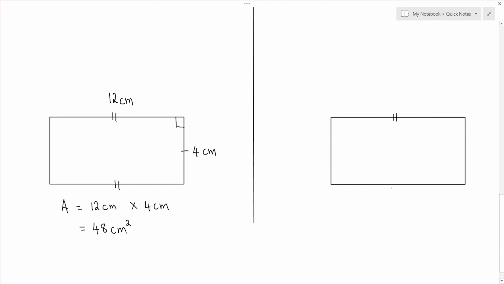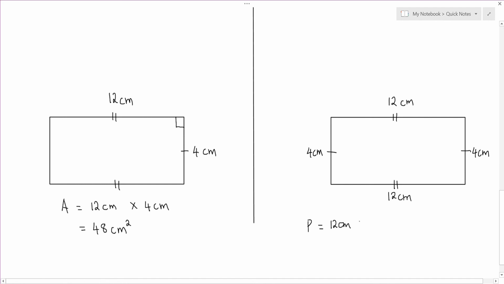Now we're going to look at what happens with perimeter. Here we've got 12 centimeters. Remember, opposite sides are equal, so this is also 12 centimeters. This is 4 centimeters, and this will also be 4 centimeters. Now, if I'm working out the perimeter and you do not like formulas, then you just go 12 centimeters plus 4 centimeters plus 12 centimeters plus 4 centimeters.